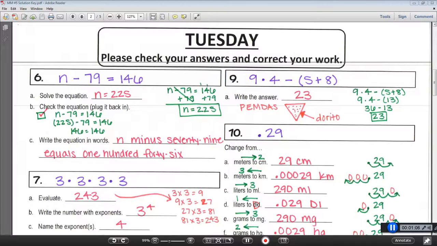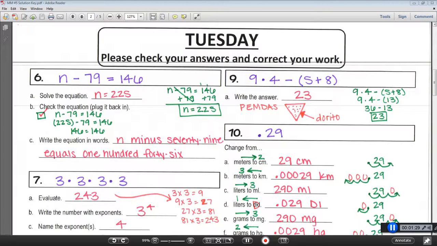So once I've done that, I have n on the left, and I have 146 plus 79, which gives me 225. Now we always want to check our equations and plug back in. Remember, one of our algebra rules is plug it in, plug it in.